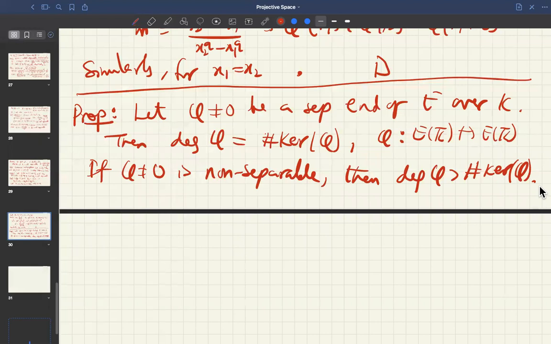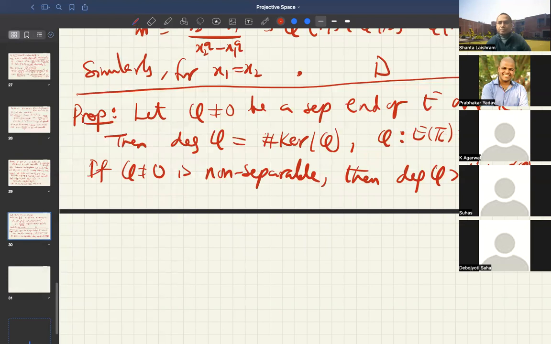This is interesting; this is the point which tells you why we consider separable and inseparable.